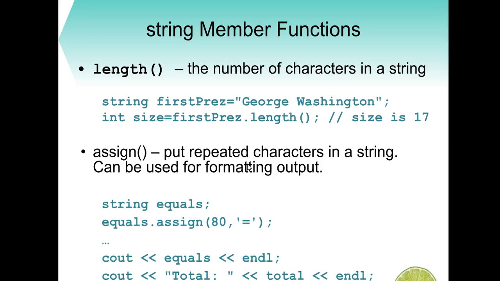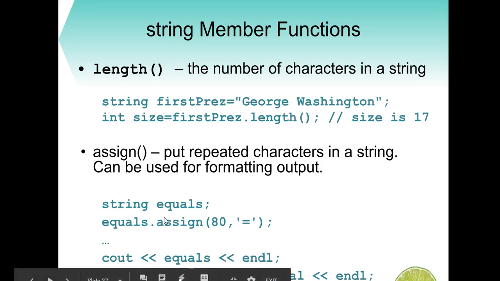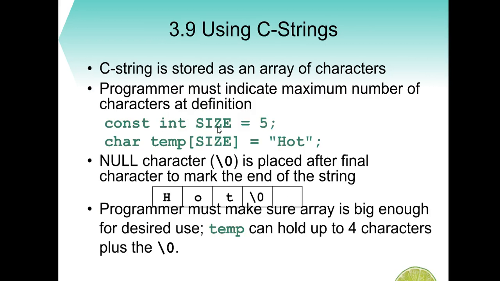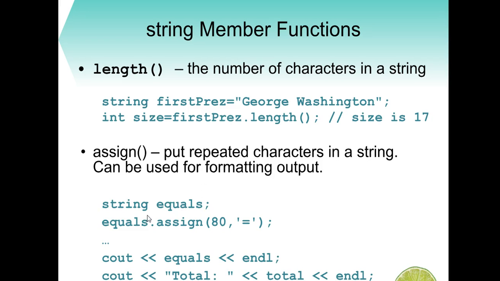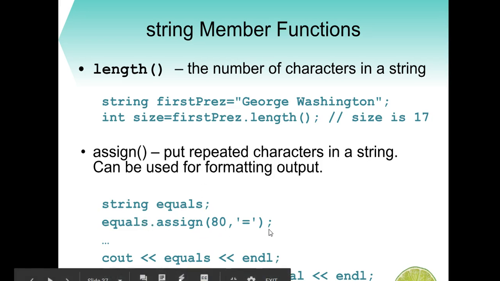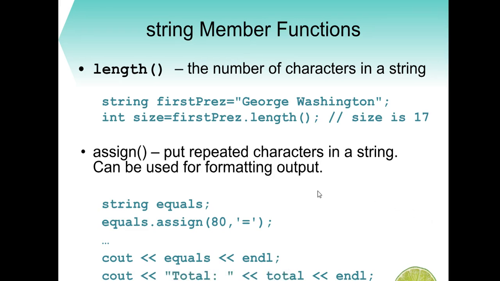Assign will put repeated characters in a string. This is nice for, like, the table of data where we had the dashes at the top. You could assign however many characters you need in your table to format that separator, and then you tell it what character. So in this case it will assign 80 equal signs. And then if you output it, it will output all of those end to end.